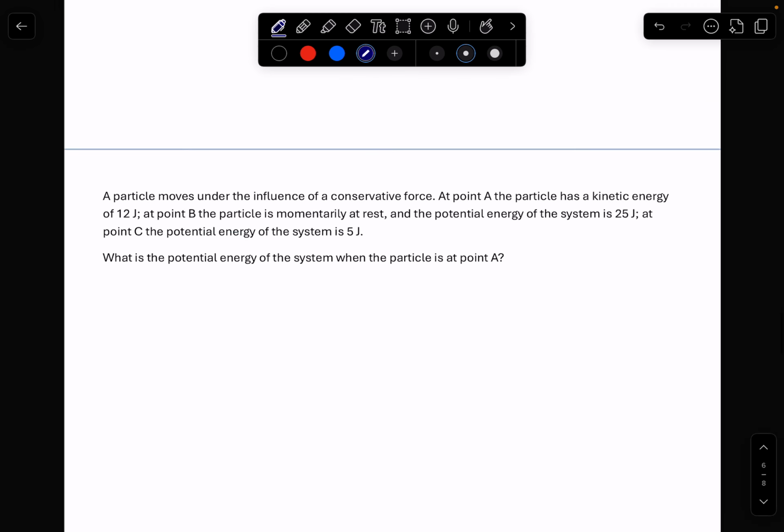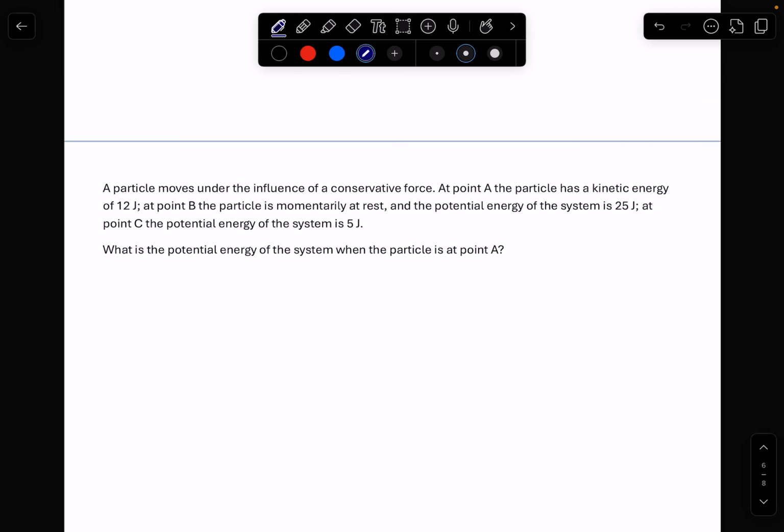Right, next question. A particle moves under the influence of a conservative force. We're not told what conservative force, but we know that if it's a conservative force only, then our energy is conserved.